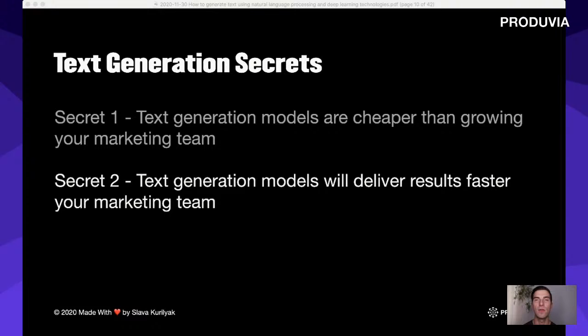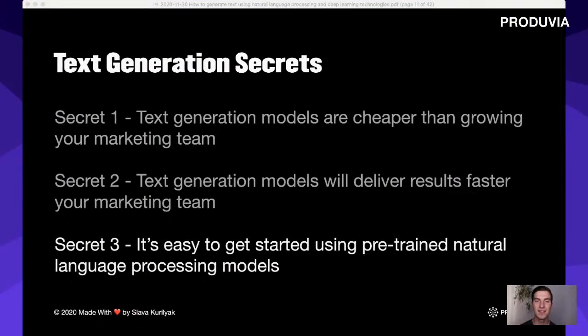And so if we're comparing apples to apples, well, the machine learning model is now delivering in real time, and the marketer, unfortunately, is able to deliver slightly less performant than the machine learning model. So secret number two is text generation models deliver results faster.